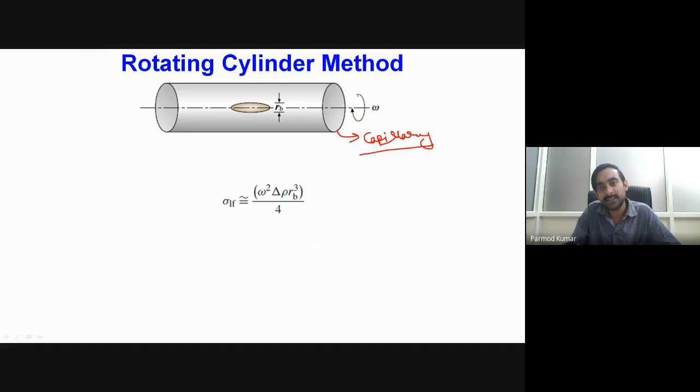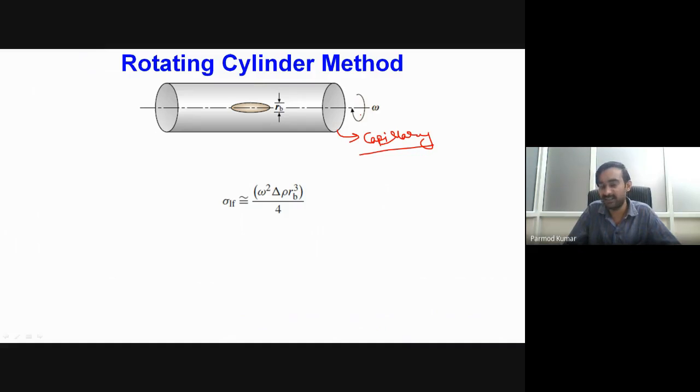After that, this capillary is subjected to angular rotation. Because of the angular rotation, some centrifugal force develops inside the fluid, and because of that, the bubble encapsulated inside our liquid will elongate along the axial direction, and it will compress in the radial direction.